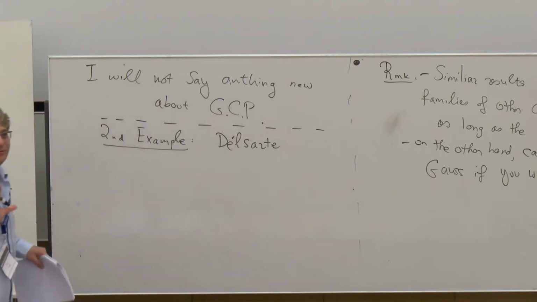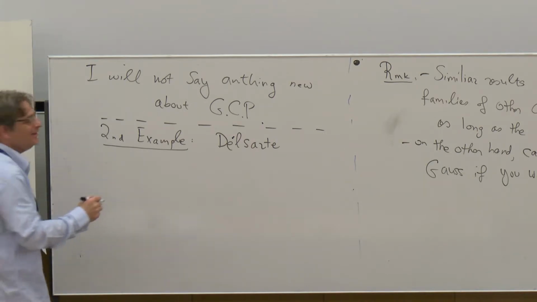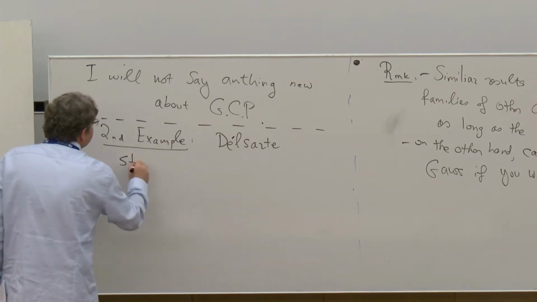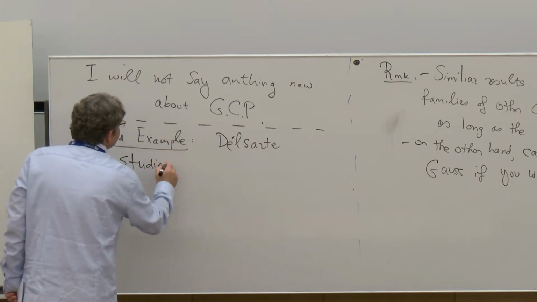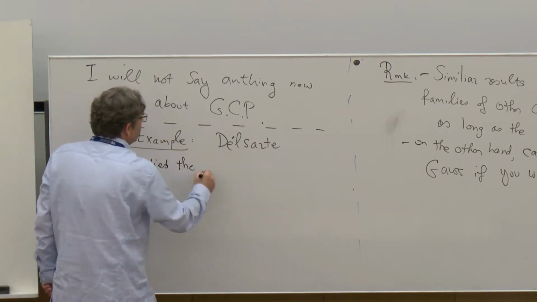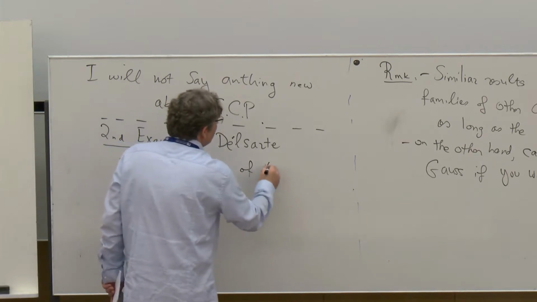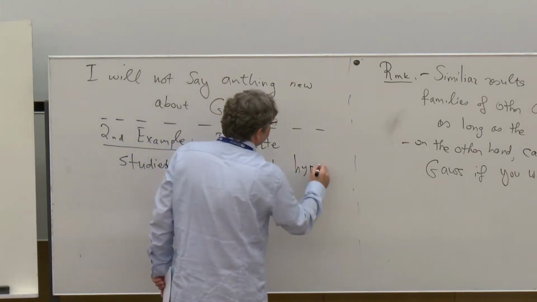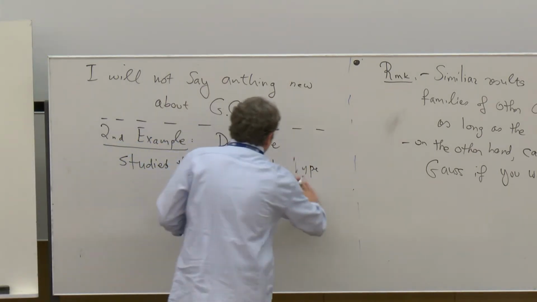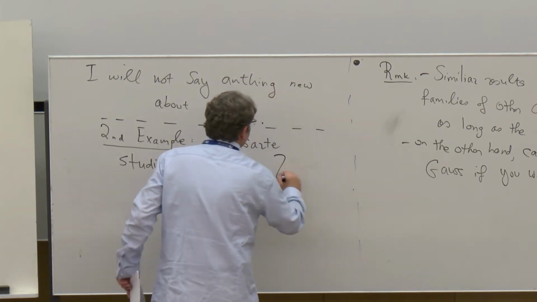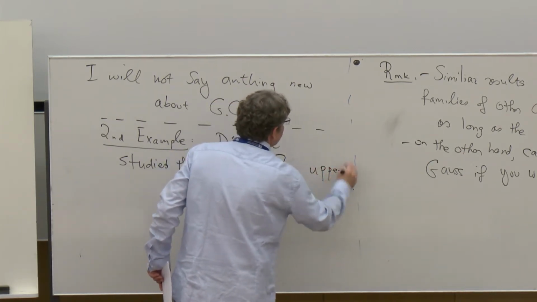I mean, people here would tell me the history. He initiated the study, or he studied, I don't know if he initiated, the case of the hyperbolic plane, the upper half plane of Z being the upper half plane.